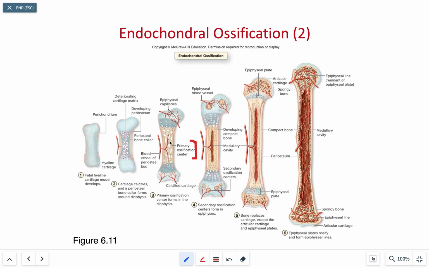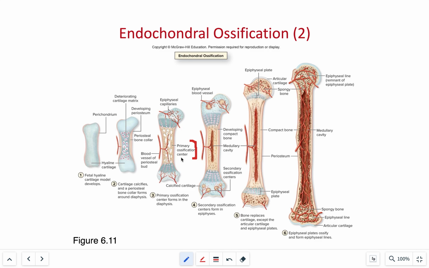So the more blood flow we have, the more osteoblasts that are going to migrate into the diaphysis. These osteoblasts will secrete osteoid inside, and eventually the osteoid will harden to become bone, which gives us the name primary ossification.